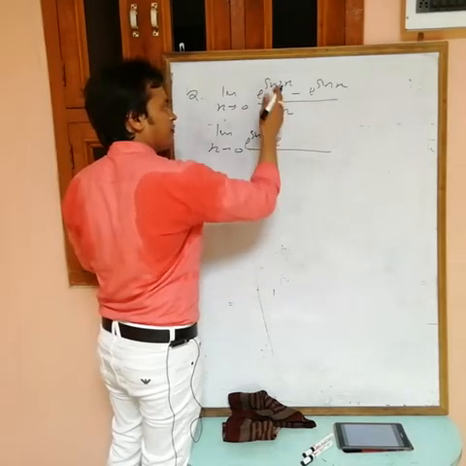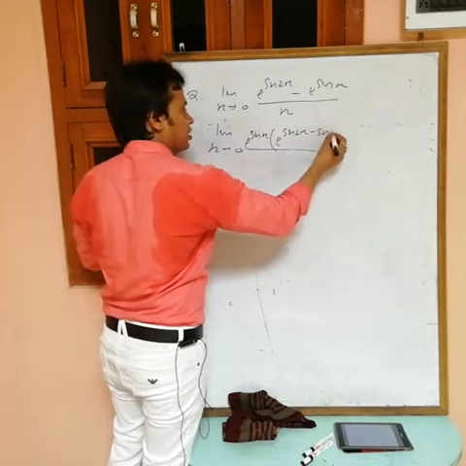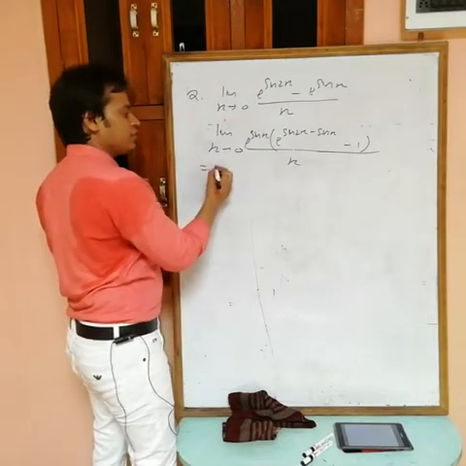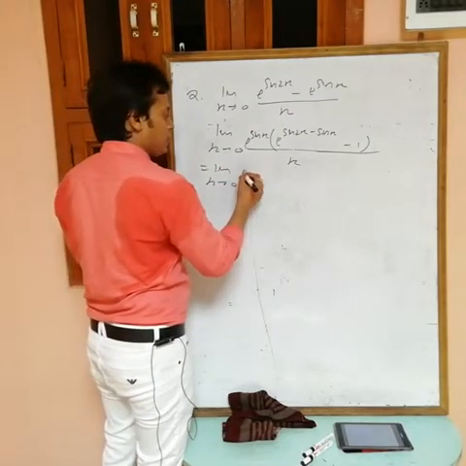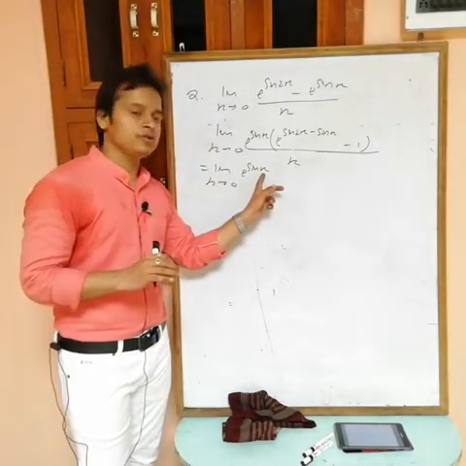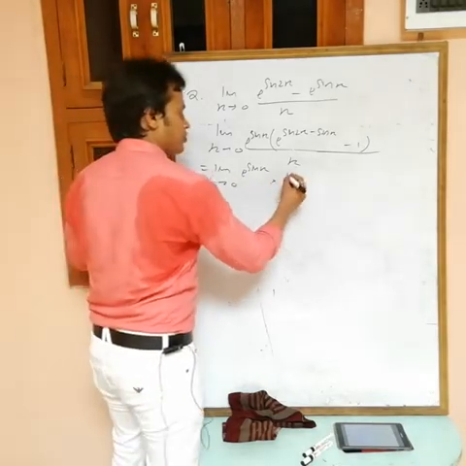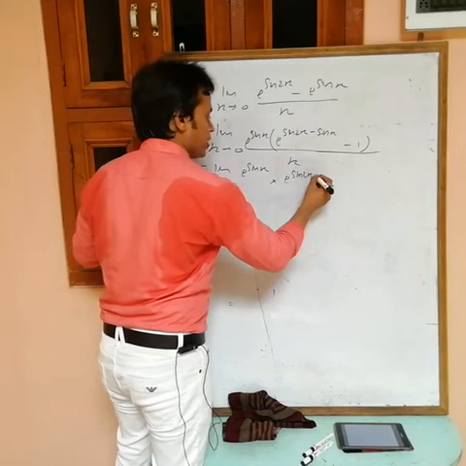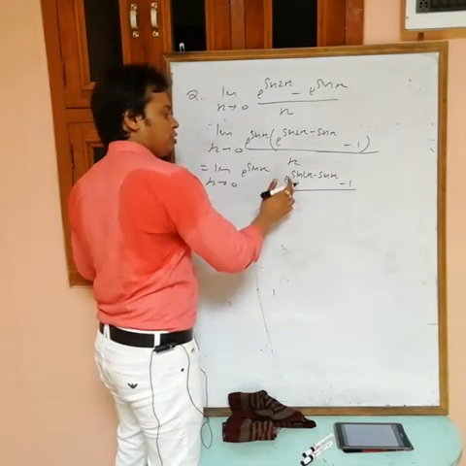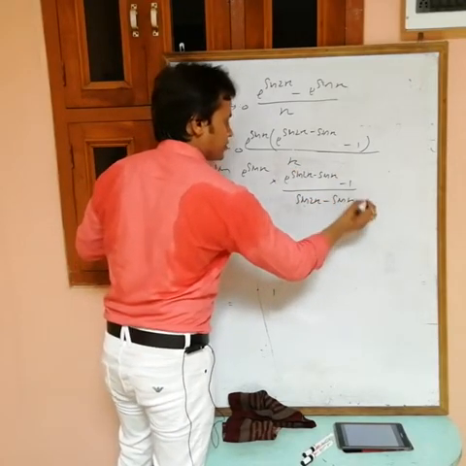What you will get, this one by this one, is e^(sin 2x - sin x) - 1, all by x. Now limit x tending to 0 of e^(sin x) is a finite value, there is no problem, because if you put x equals 0, sin 0 is 0 and e^0 becomes 1. Into e^(sin 2x - sin x) - 1. Then in the denominator what you want, for (e^x - 1)/x, is sin 2x - sin x.